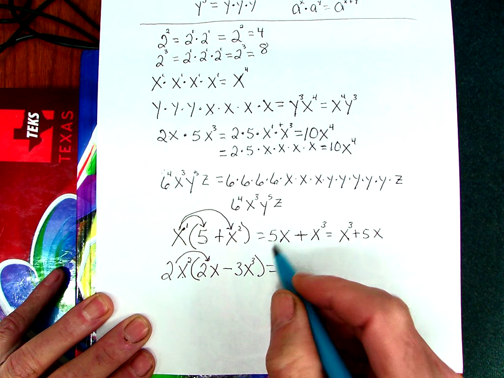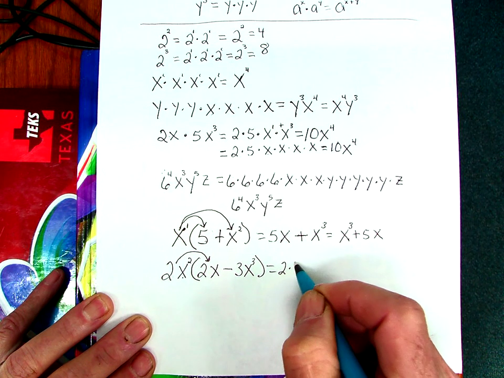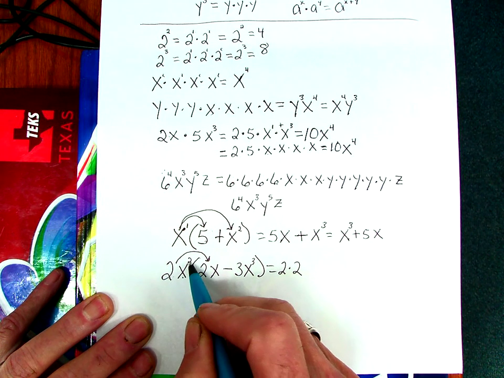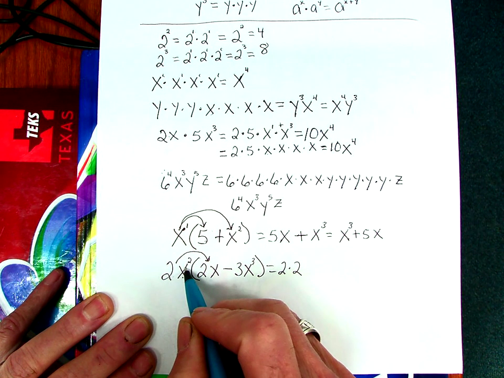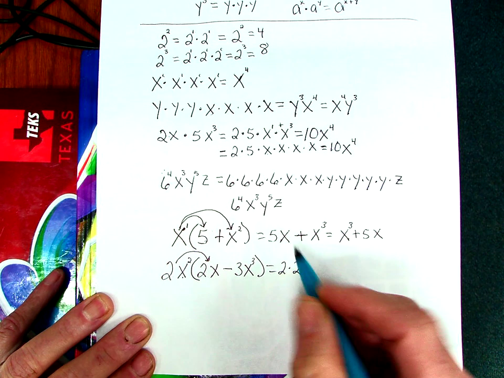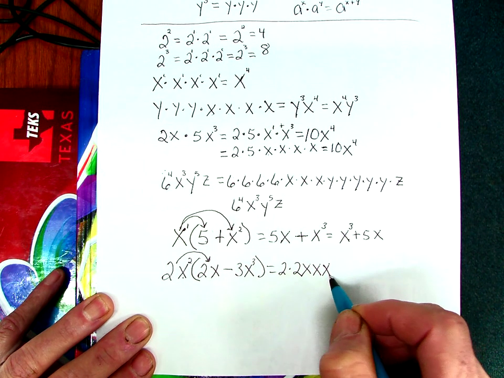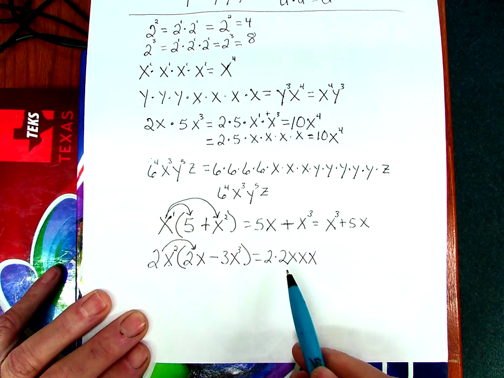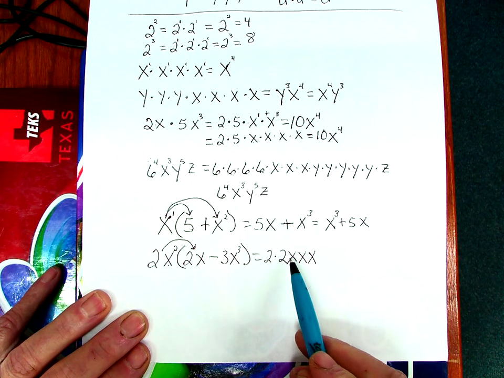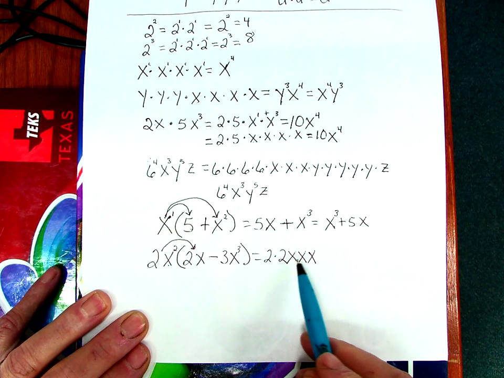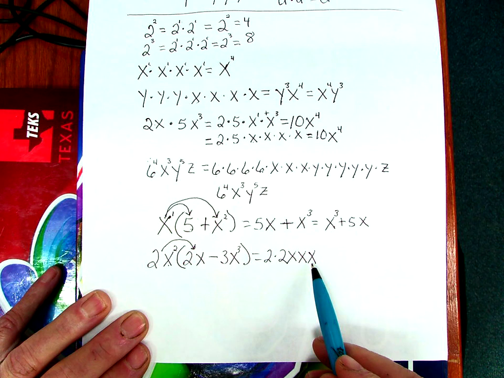It's 2 times 2, x squared times x. There's 2 x's here, 1 x here, so it's 1, 2, 3. It's not necessary to write the dot in the middle of the x's because when you put them right next to each other, it means multiply.